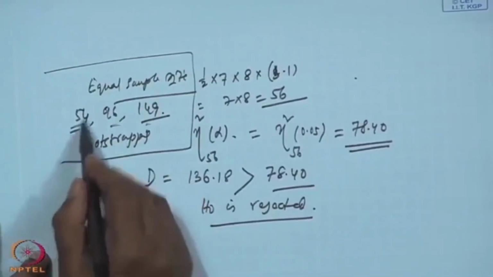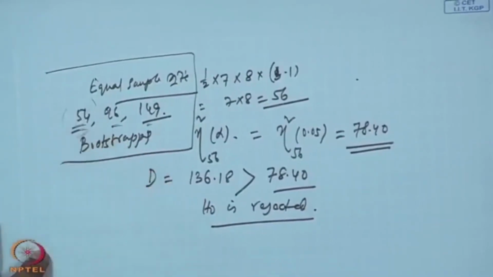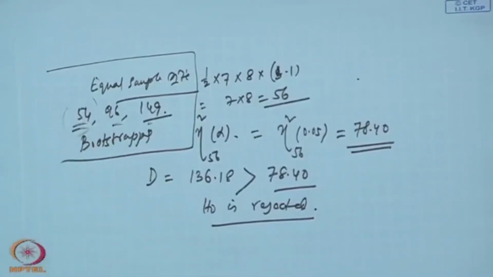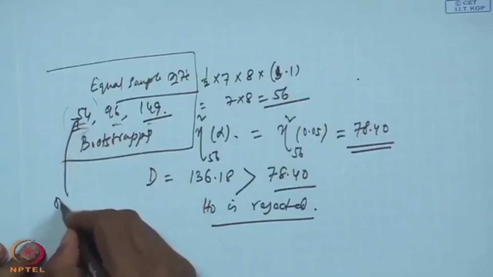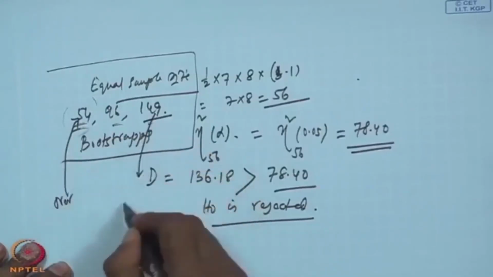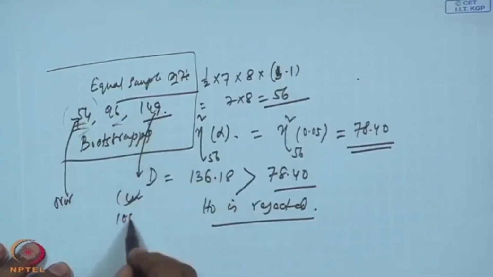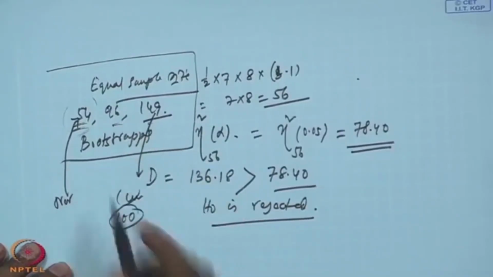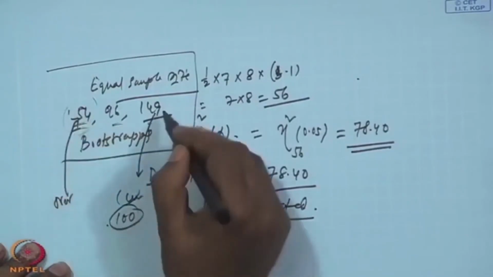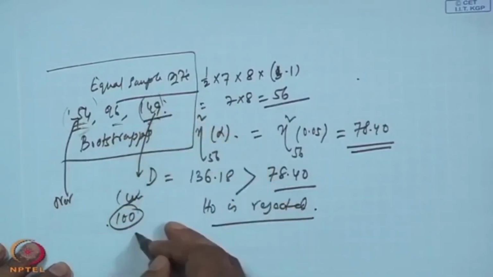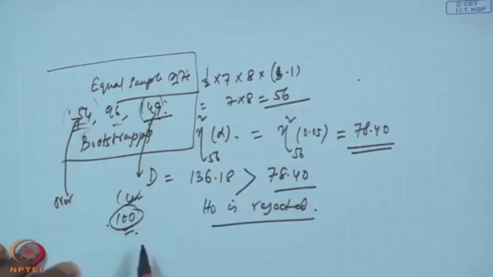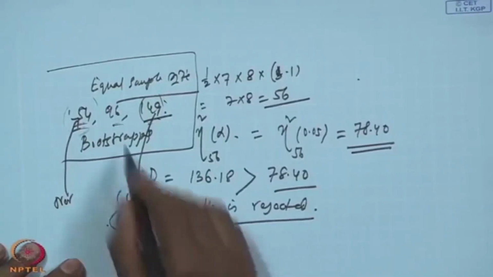Bootstrapping, what will happen? You will sample from this 54 with an assumption that the 54 is representative of the total population, and in that case here you do oversampling and here you do undersampling. Then you fix, maybe, let us say 100 data points. By doing oversampling make it 100, by doing undersampling make it 100, or if you want to say no, I want to make everything 500, that is also possible.